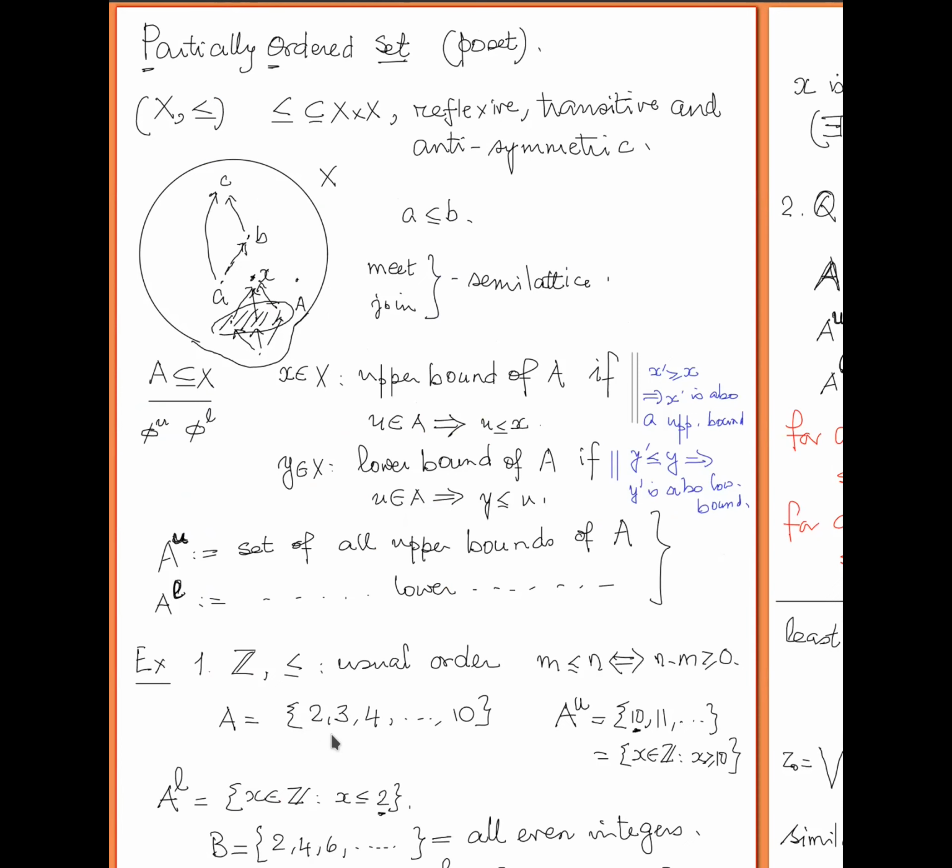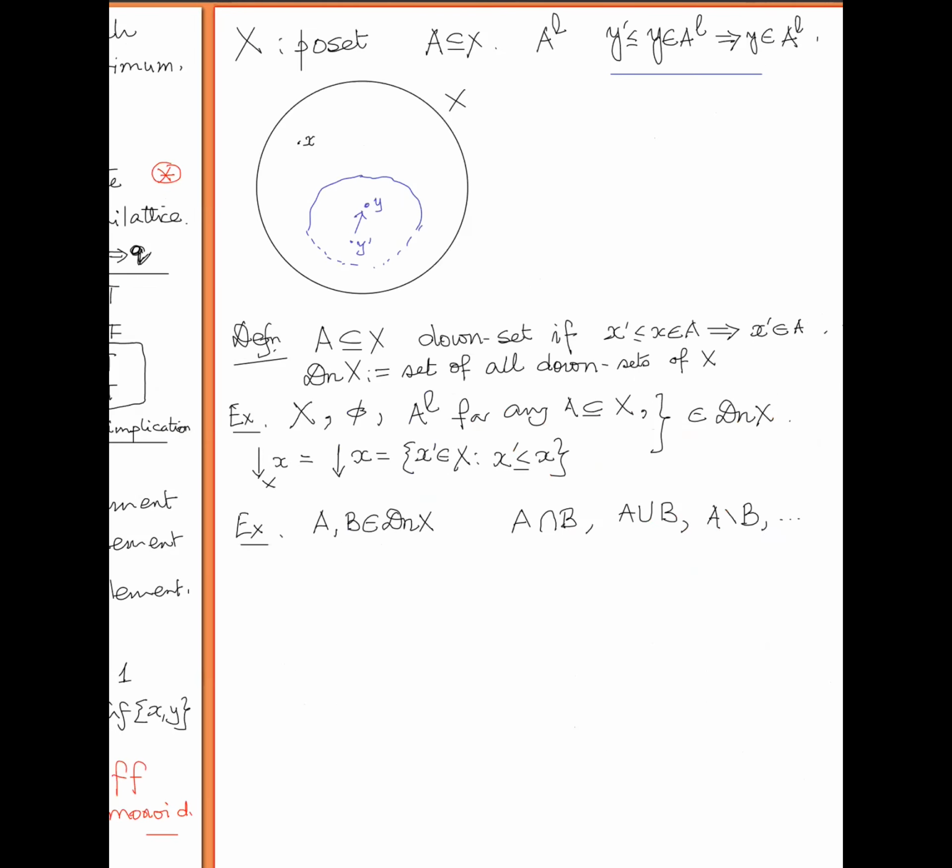I'm sorry, I'm speaking nonsense. But yes, you can take an example, so provide an example from, say, Z or whatever. Okay, yes, you're right. What about these two? Let's try. So suppose I have this.